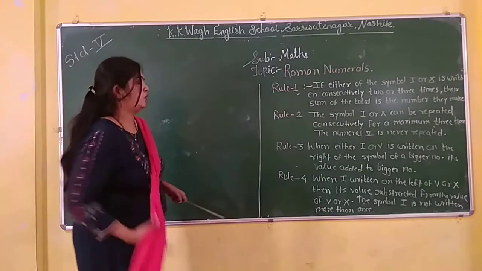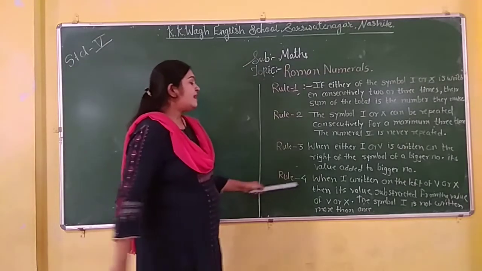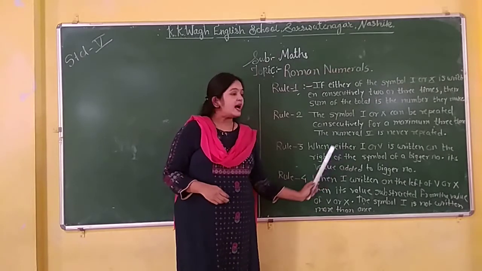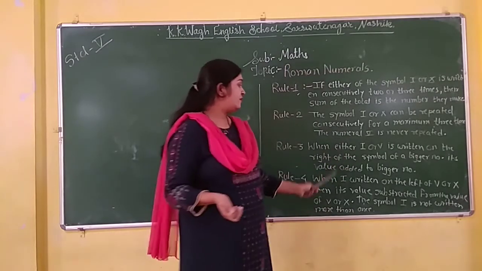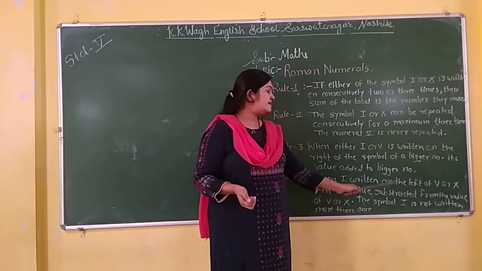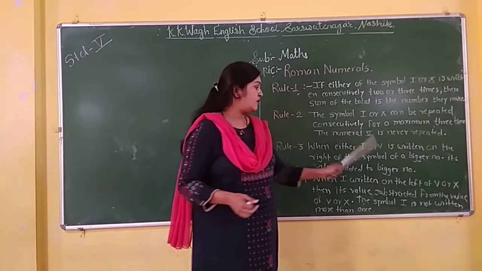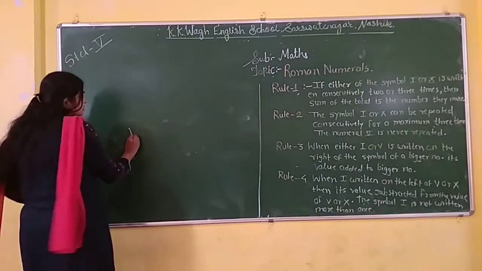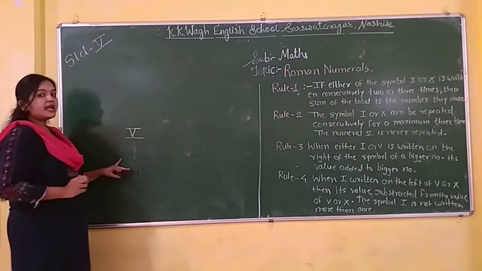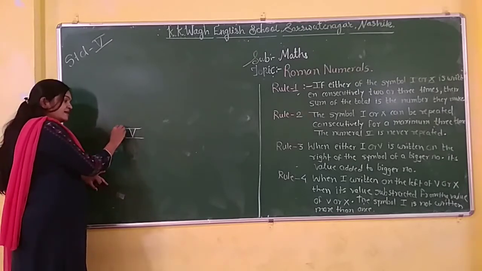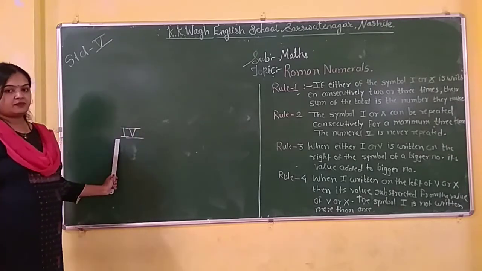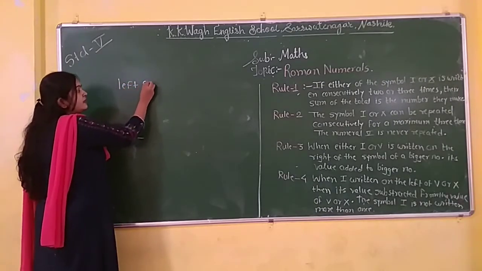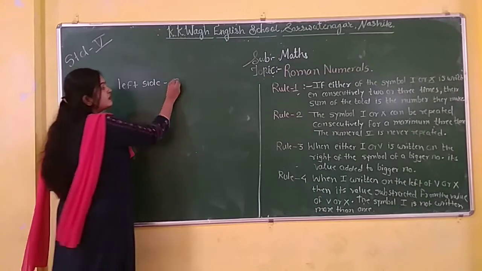Rule number 4. When I is written on the left of V or X, its value is subtracted from the value of V or X. See, V is here, and if I write I on this side, the left side of V, it makes the subtraction.